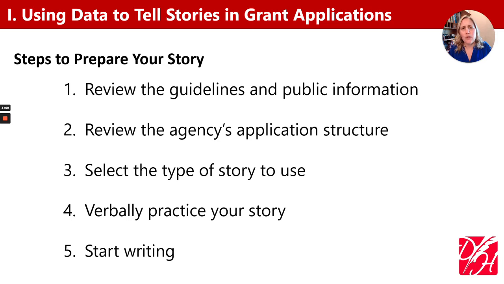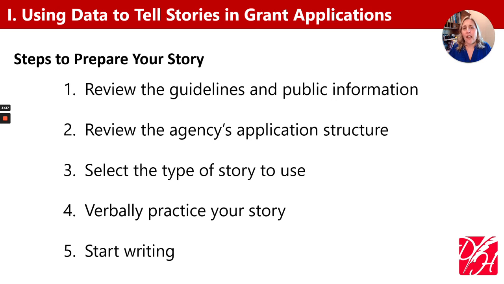Now, how can we do that? How can we ensure that it is a consistent approach within our applications? What I've done is lay out 5 consistent steps that your organization can take in trying to determine what data, what approach should we take in telling our stories. So the first thing to do is review the guidelines of the different grant makers so that we can consider our options.